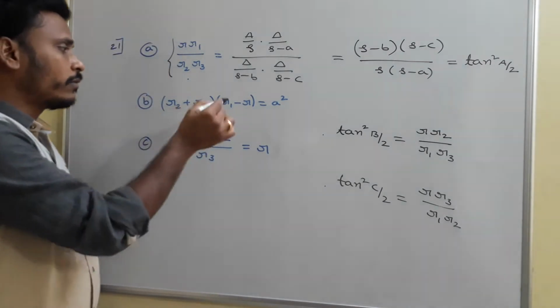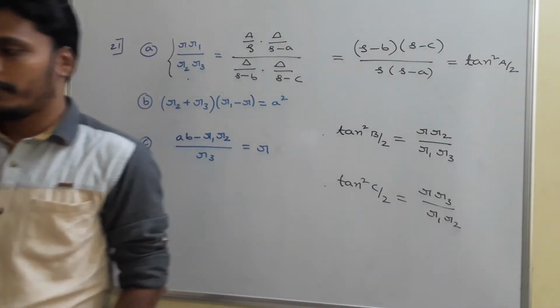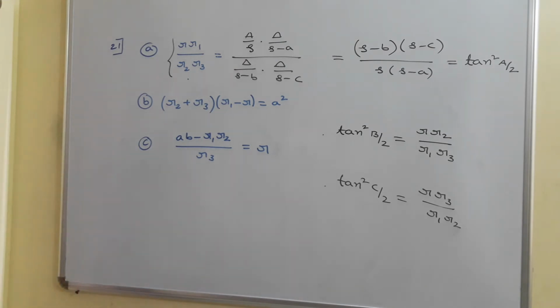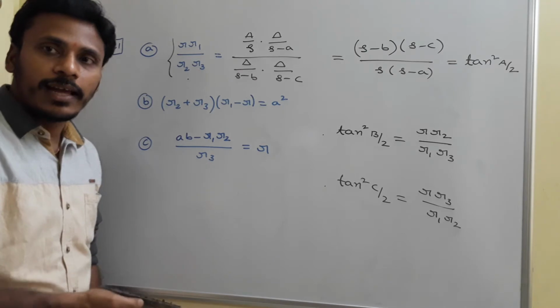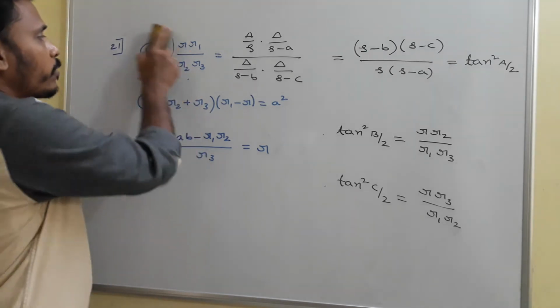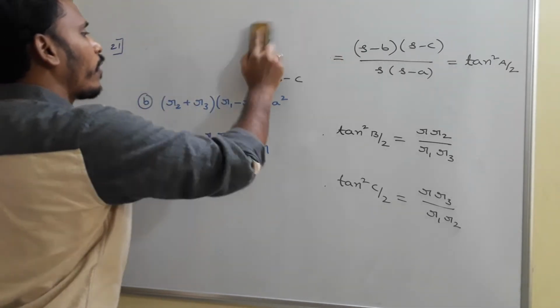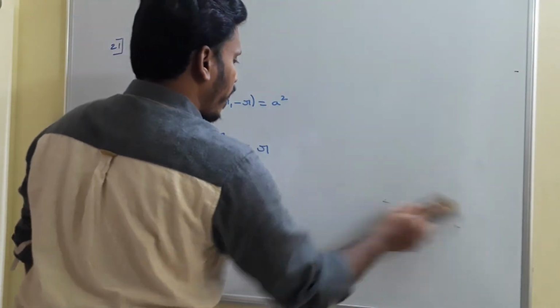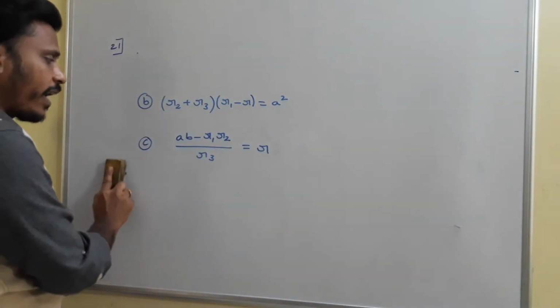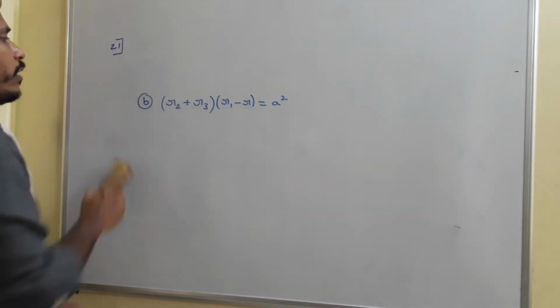Okay, and then think about B. So again to solve B, we need to use the same logic: R as delta by S, R1 as delta by S minus A, like that. I am erasing for the space concern. So B, what is it?